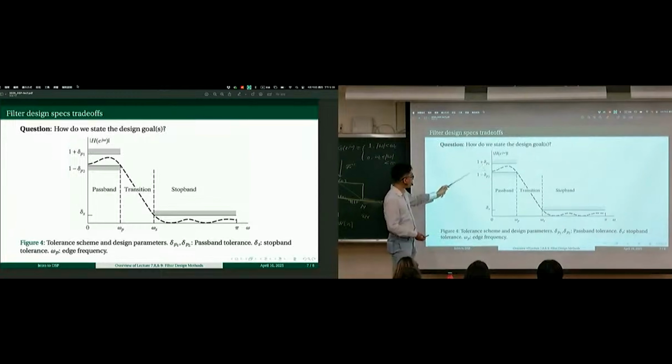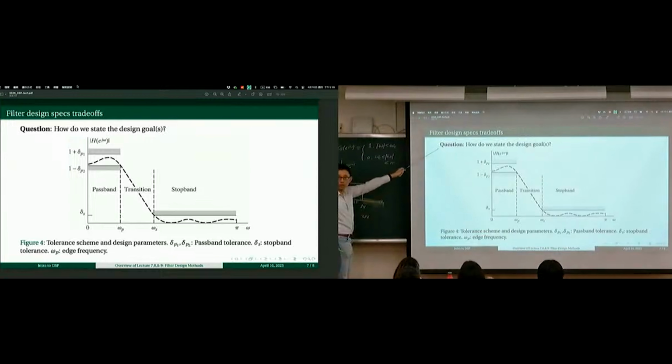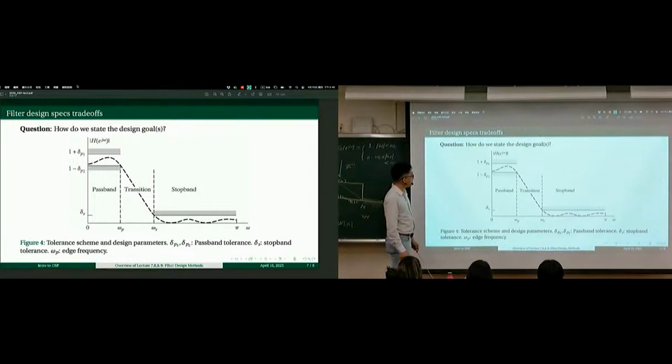And then with these terminologies, now we can talk about how we want to specify our design goal. What will be our design goal? For FIR design, we have a trade-off between a few parameters.